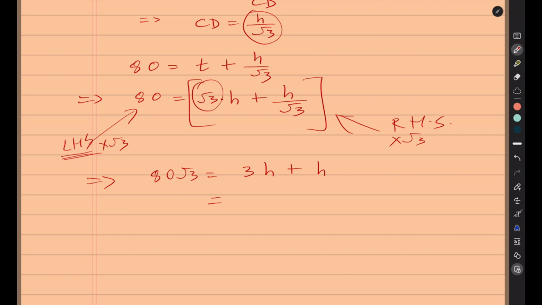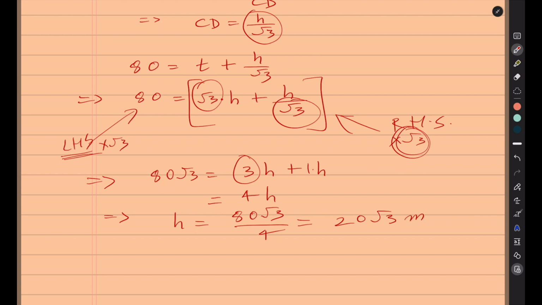So root 3 multiplied by root 3 will become 3, and then root 3 divided by root 3 will become 1. So in that case we have got 4h here. So h will be equal to 80 root 3 divided by 4, and that gives us 20 root 3 meter. That is the height of the pole.